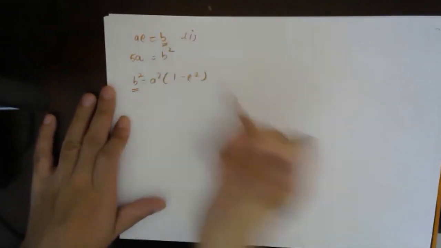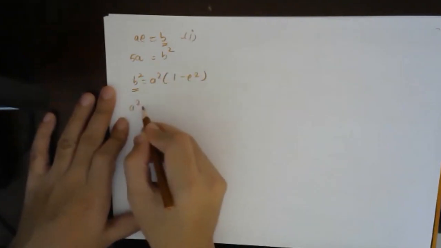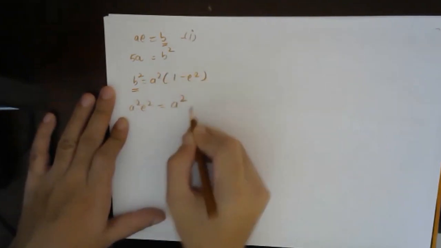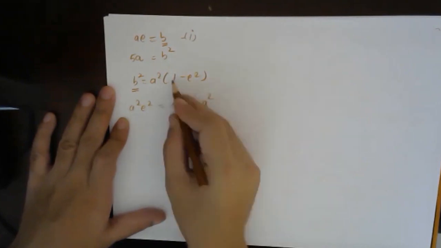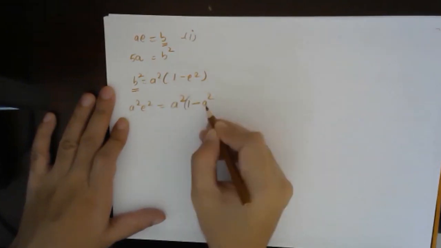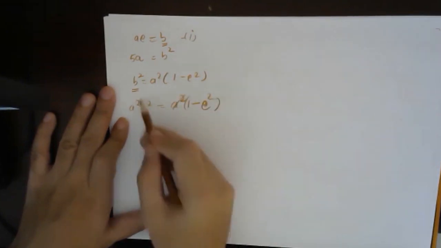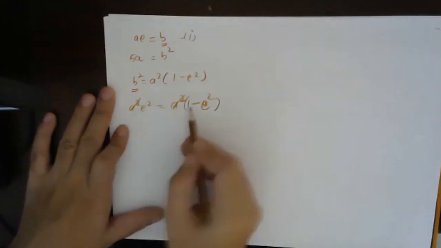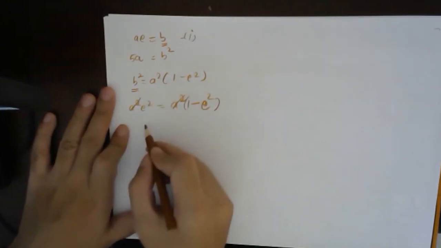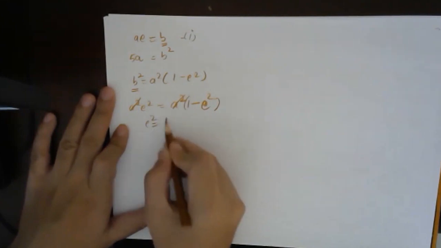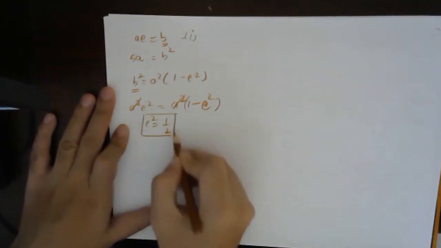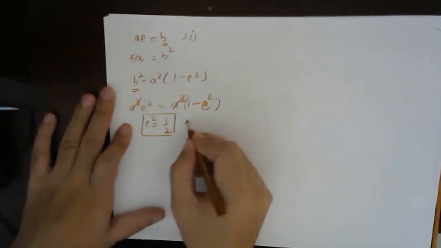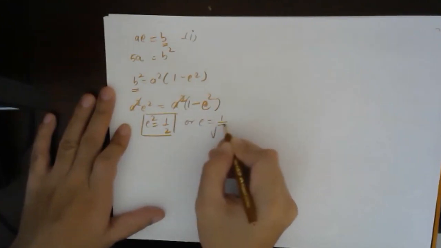The b square value I can substitute from here. So I will have a square e square is equal to a square minus a square into 1 minus e square, right? So this a square and a square get cancelled. I will take e to this side. So e square is equal to 1 by 2, or e is equal to 1 by root 2.